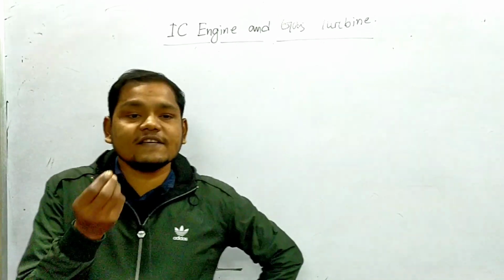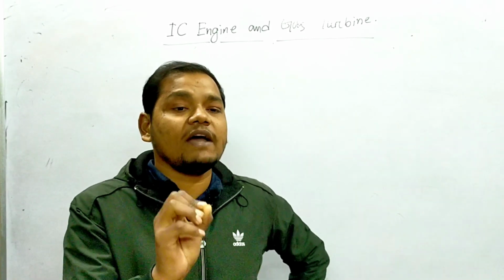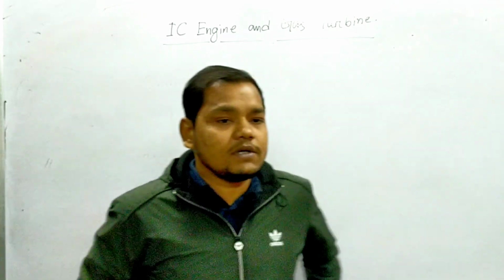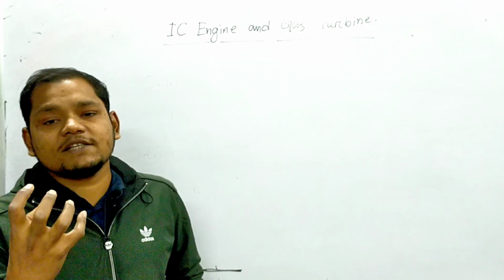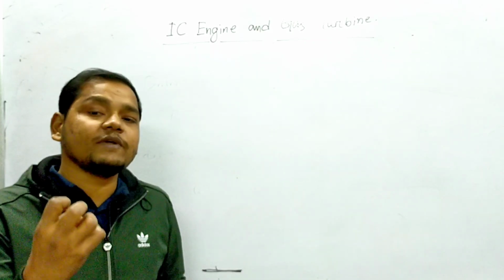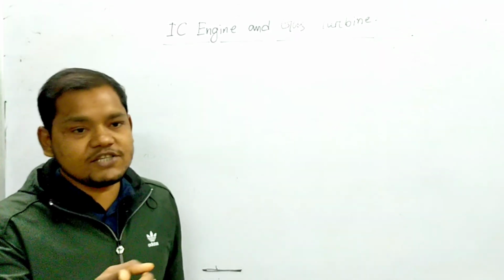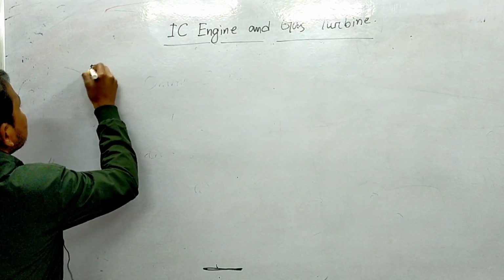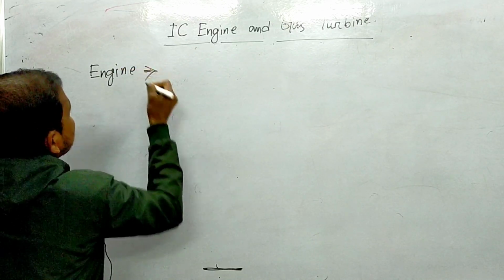Can you tell me what an engine is? An engine is a type of device which transfers one form of energy into another form of energy. If we are using one form of energy and we want to convert it into another form of energy, then we have to use the engine.